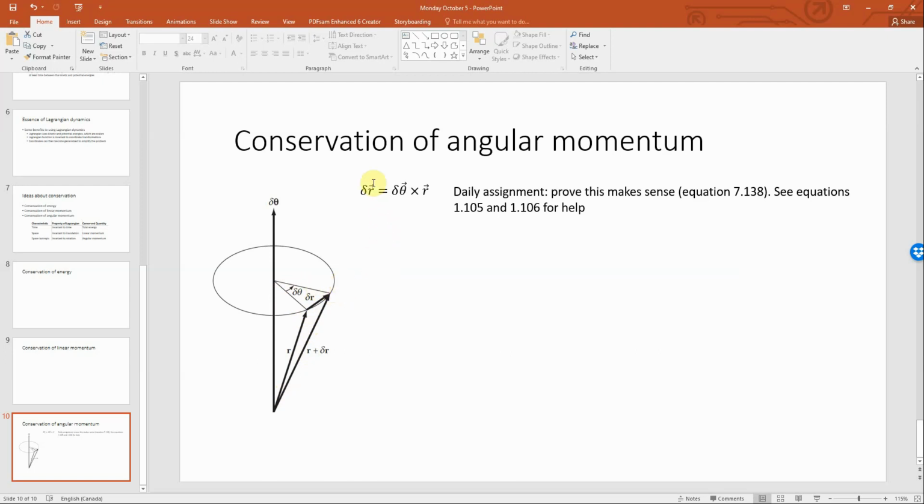What I want you to understand is that this delta r is going to be delta theta cross r. We'll be showing this in class, but I know that students will have a problem with this because this is a three-dimensional object. This thing is rotating into the board, and so it becomes a little bit difficult to visualize. I want you to try and convince yourself of this. If you sit and think about it, maybe that'll help you to understand it.